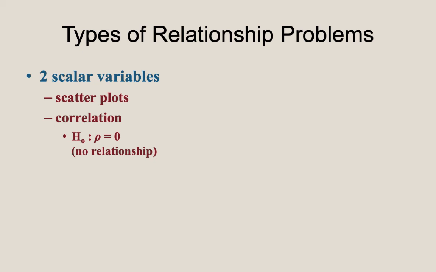Then we applied the NHST, the Null Hypothesis Statistical Test framework, to our exploration of the relationship between two scalar variables. In particular, to assess if there is a linear relationship, we started with the null hypothesis that there is not a linear relationship. That is, H sub 0 is rho equals 0.